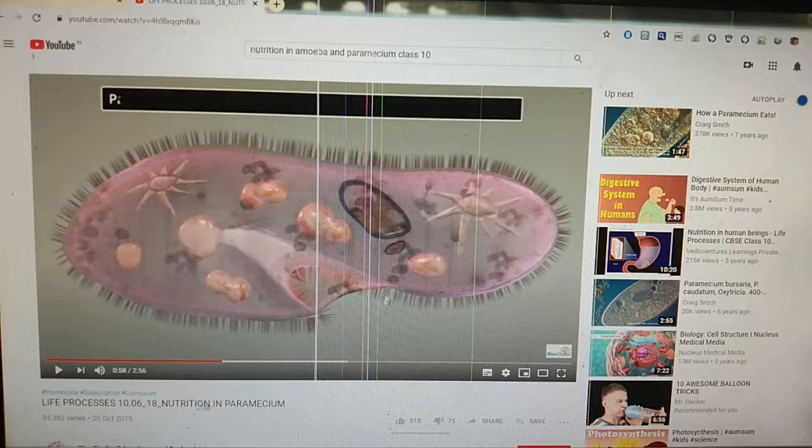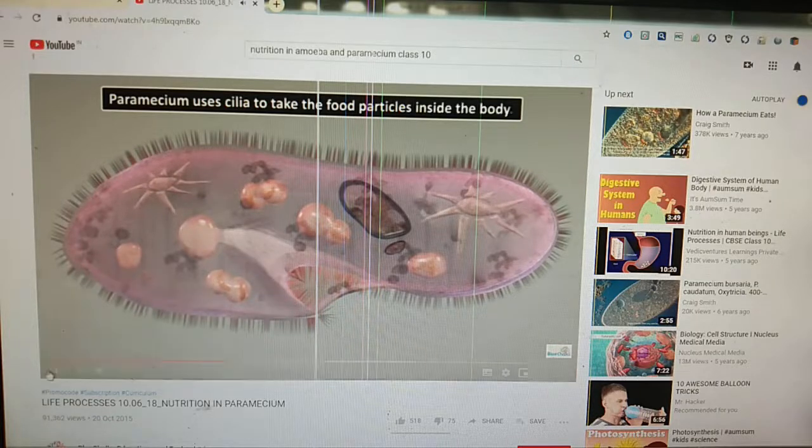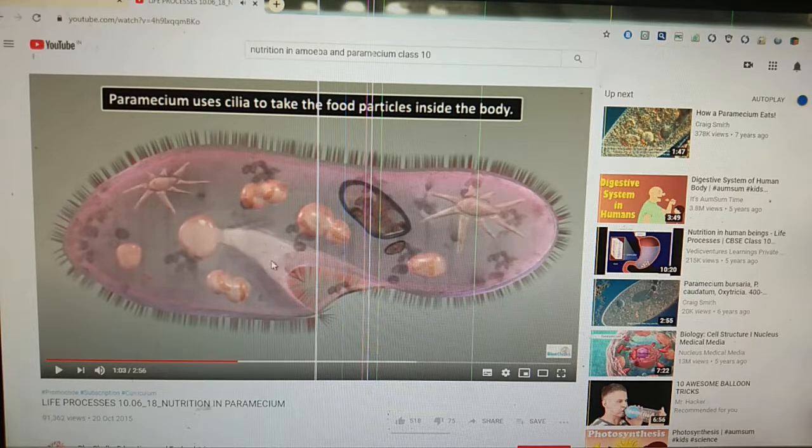With the help of these cilia, paramecium captures the food, and through the cilia food enters inside the paramecium. Once food enters inside the paramecium, the rest of the processes are the same as in the amoeba.